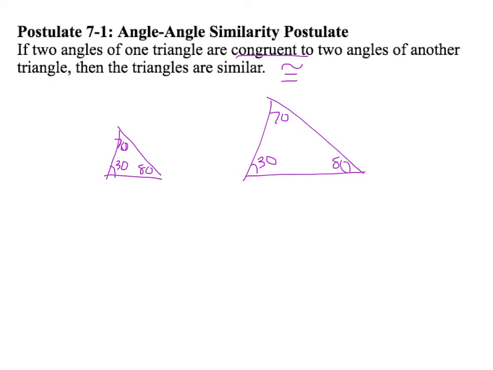And so since all three angles are the same, we know the two triangles are similar. But we really just need to know that two angles are congruent.